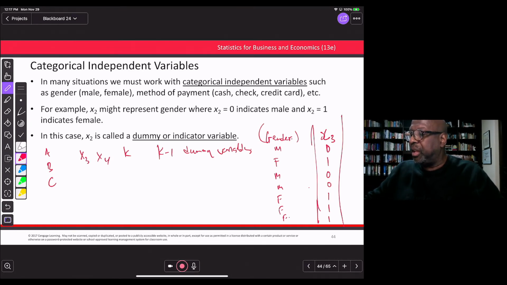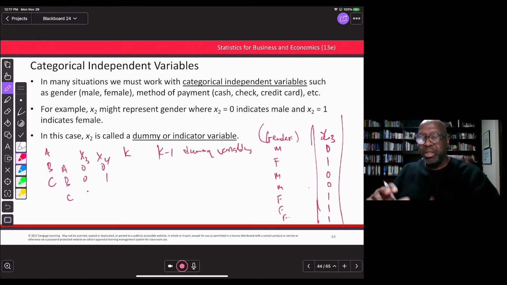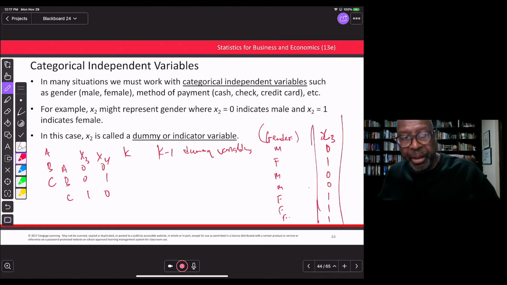Then you could say A could be 0, 0, B could be 0, 1, C could be 1, 0. You could decide how you want to set it up, or you could make B equal to 1, 0 and C equal to 0, 1. It doesn't really matter, as long as you're able to interpret what those actually mean.